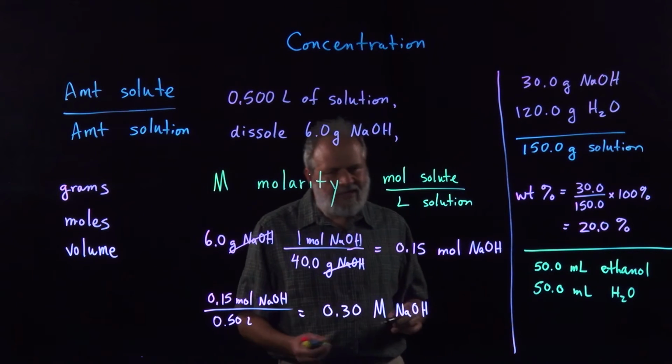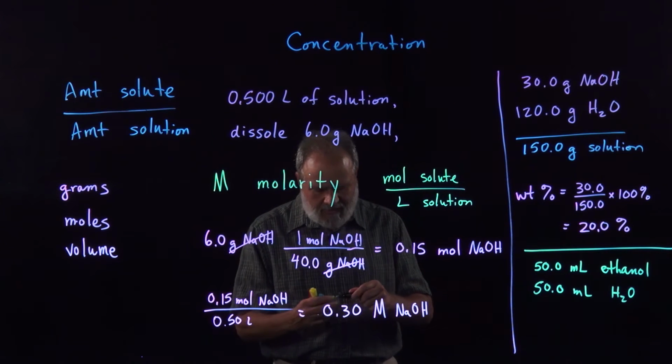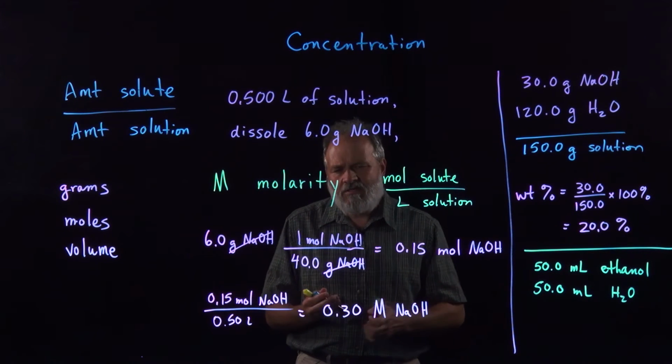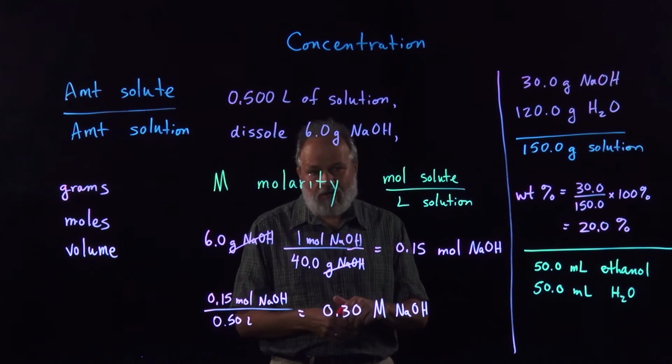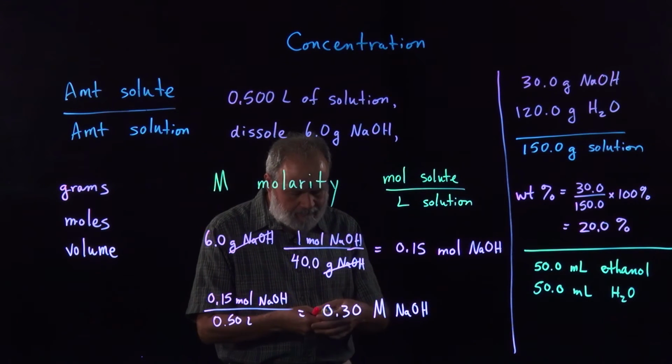And so this would be the strength of a typical bourbon. Most distilled spirits are probably 80 proof, which is 40%, or 100 proof, which is about 50%.